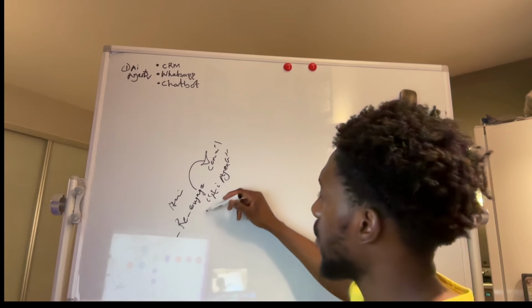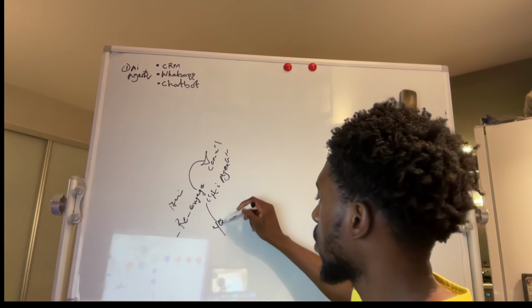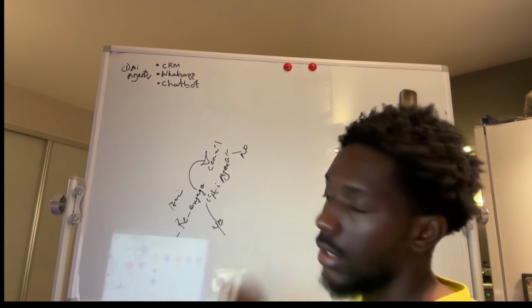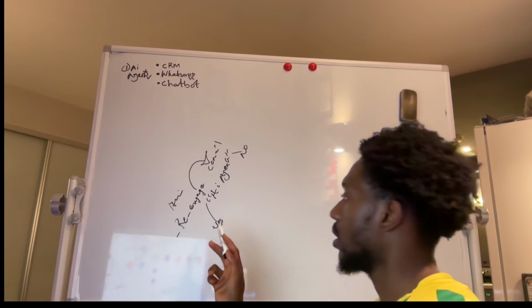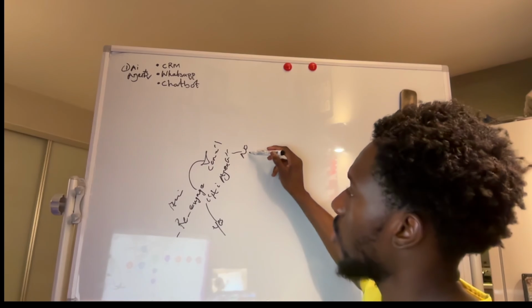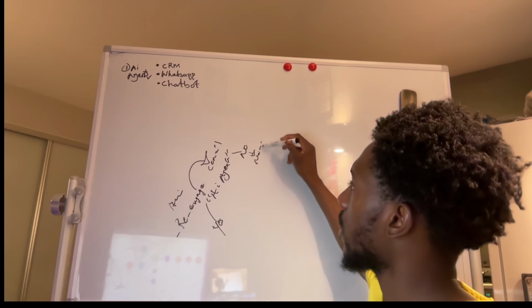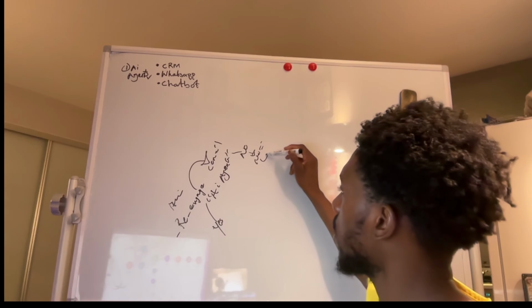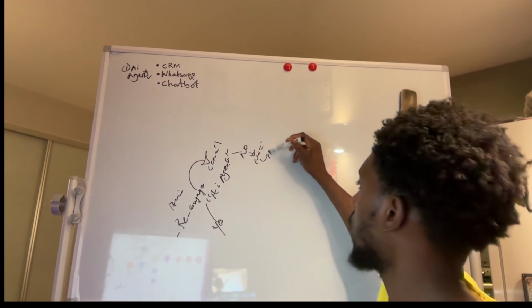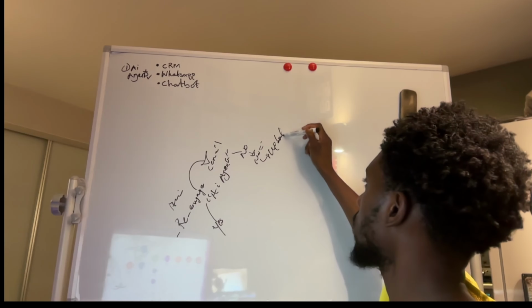So if these leads either reply yes or no, it doesn't really matter because you're not doing this manually anymore. If they say no, you have an agent that is simply going to reach out to them and say, okay, thank you, whatever that might be. And then from there, the agent is going to update your CRM for you.